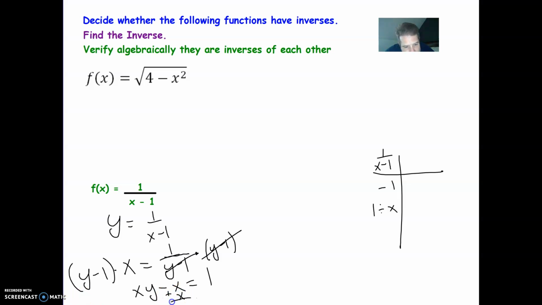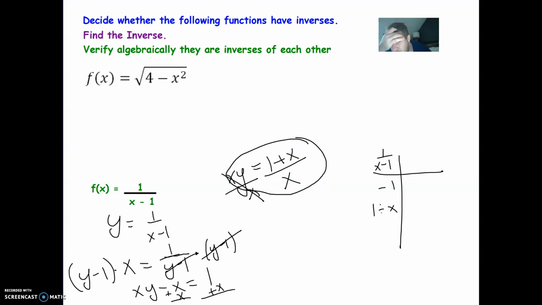Then I can add x to both sides. So I've got xy equals 1 plus x, and divide by x, and I've got myself y equals 1 plus x over x as the inverse of this function.